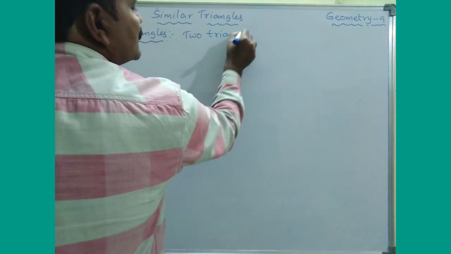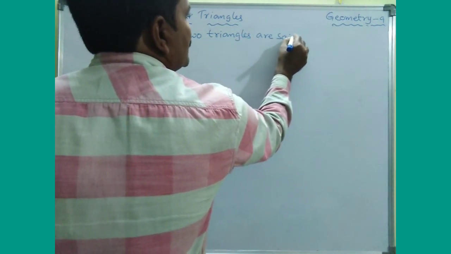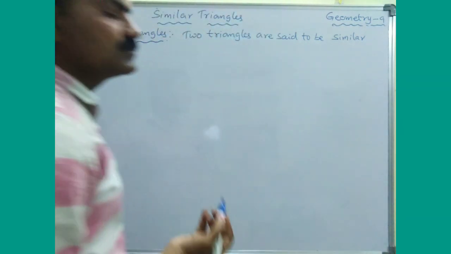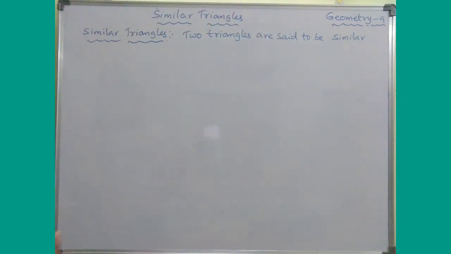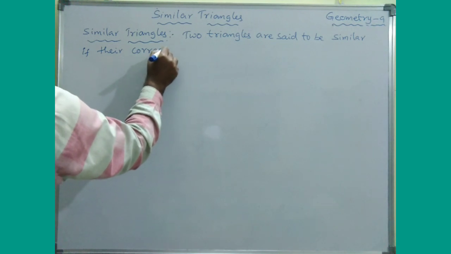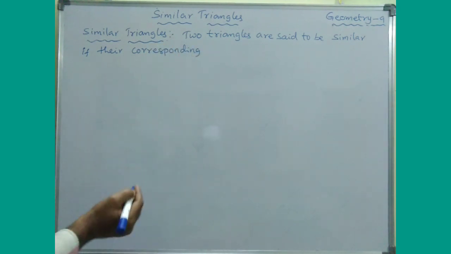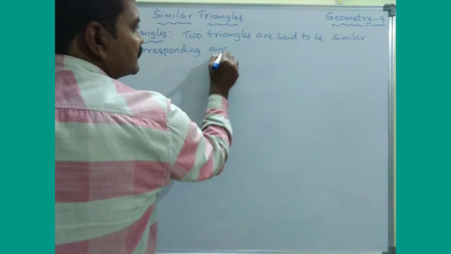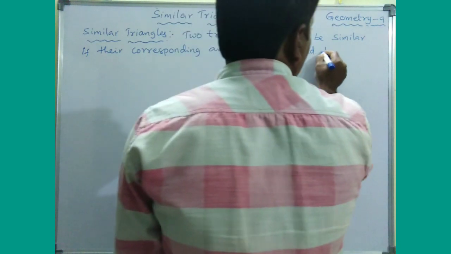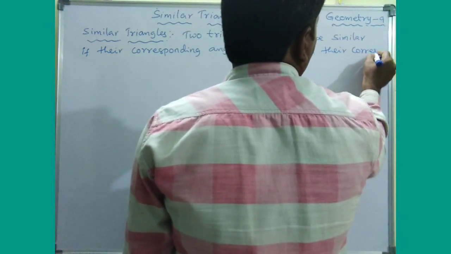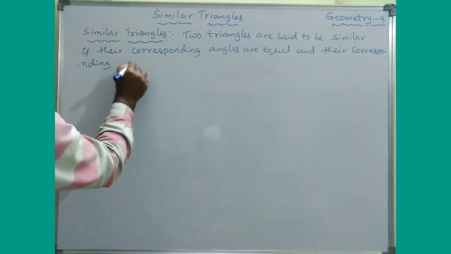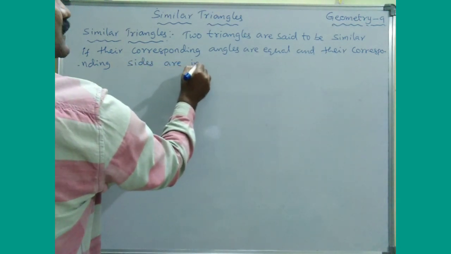Two triangles are said to be similar if their corresponding angles are equal and their corresponding sides are in proportion.